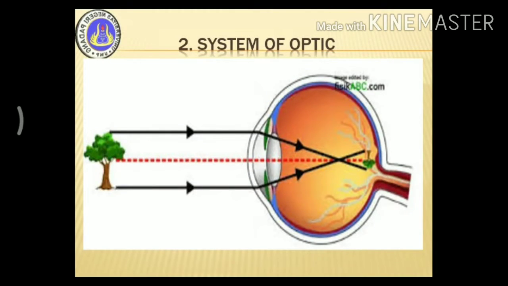Okay, the system of optics. When looking at an object, light coming from the object passes to the eyes, then penetrates the cornea and the iris, and is then focused on the retina by the lens. So what happens in the retina? The retina cells can sense light when particles of light called photons hit a retina cell.